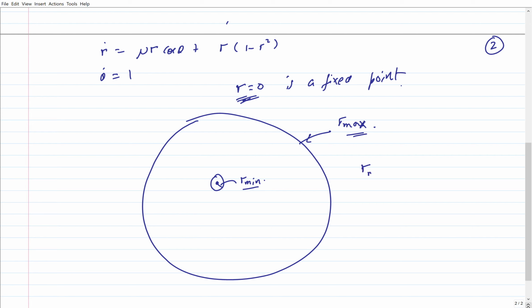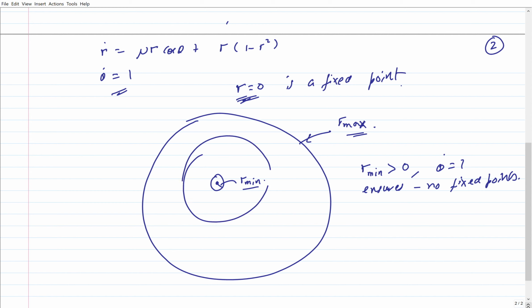So as long as r min is any number greater than 0, it rules out the fixed point, and then theta dot equals 1 ensures there are no other fixed points, simply because the trajectory keeps going on and on with a constant angular velocity, theta dot equals 1.